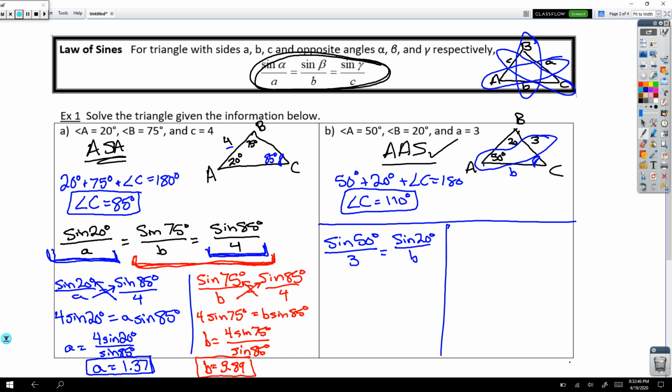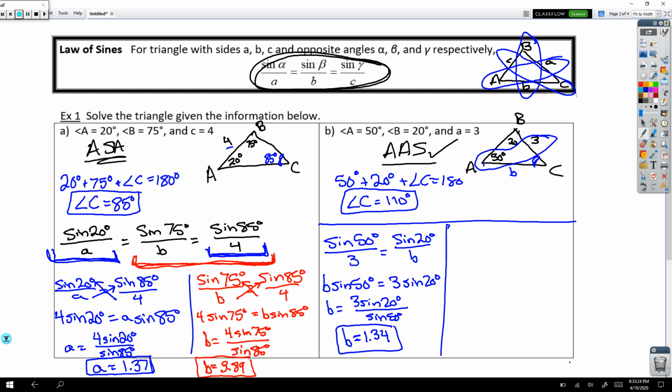That way you don't get too confused looking at too many things at once. Again, cross multiply. So B sine of 50 degrees equals 3 sine of 20 degrees. Go ahead and divide the sine of 50 degrees over. So 3 sine 20 degrees all over sine 50. So side B is, punching that into your calculator, you should have gotten 1.34.